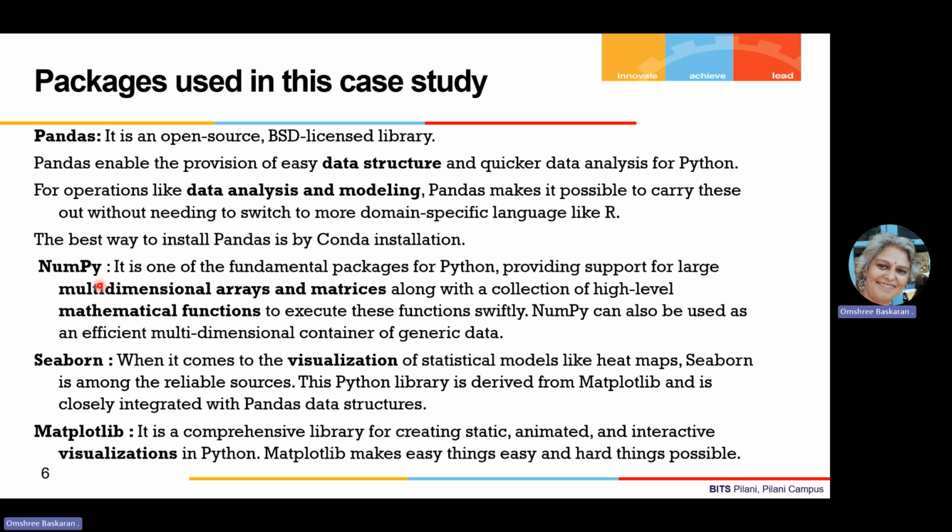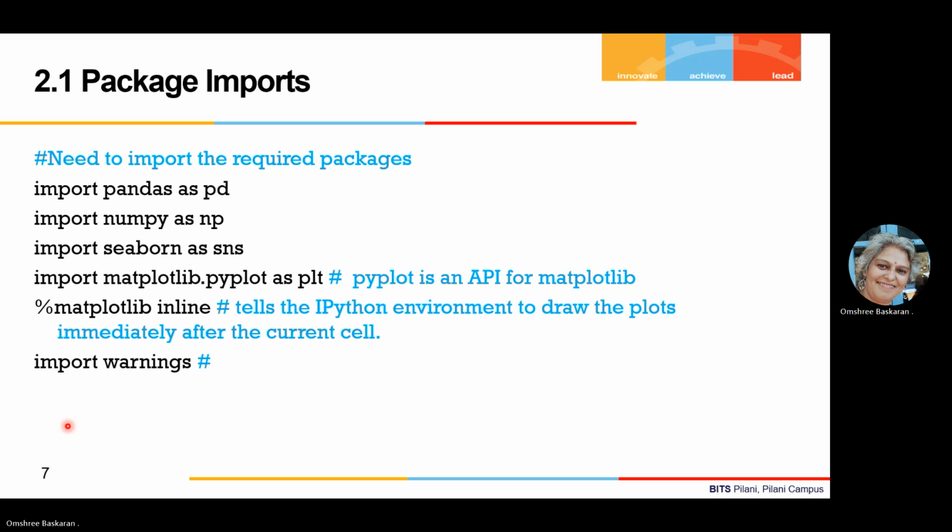Similarly, like the initial stages where we discussed, we import the required libraries in this particular notebook, in this project. The same core libraries apply: pandas, numpy, seaborn, and matplotlib. The first step, we import the required packages. Import pandas as pd, numpy as np, seaborn as sns, matplotlib as plt.